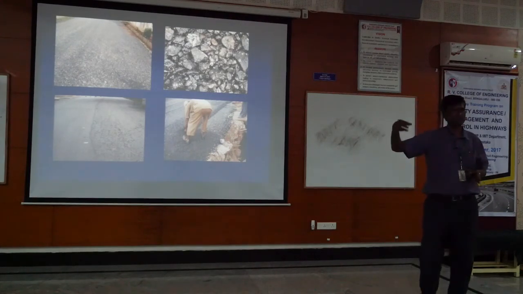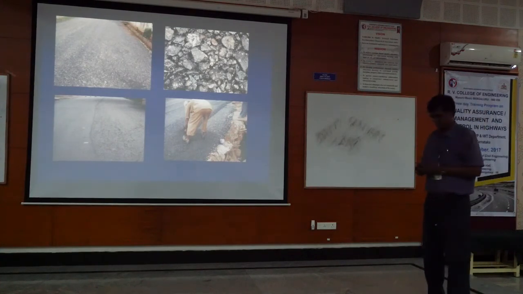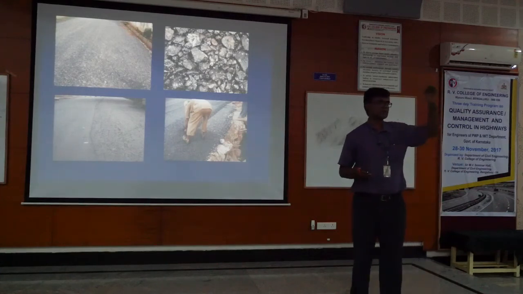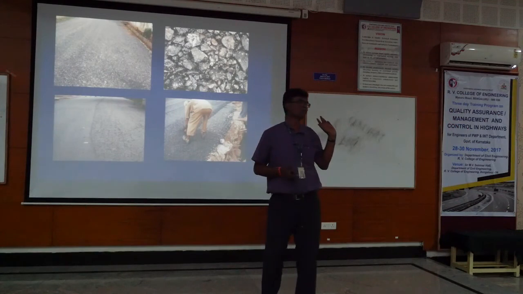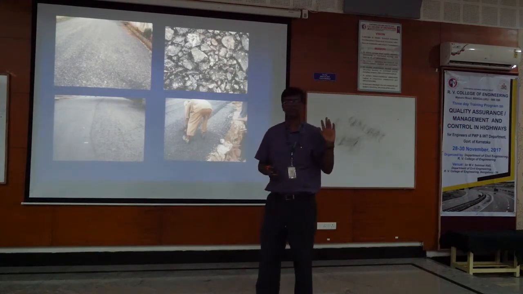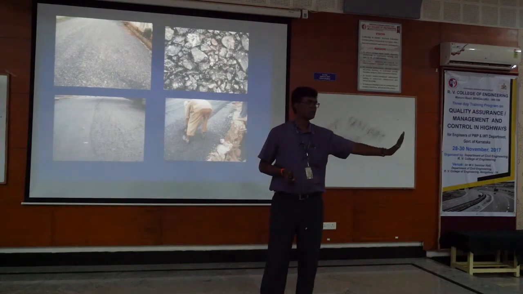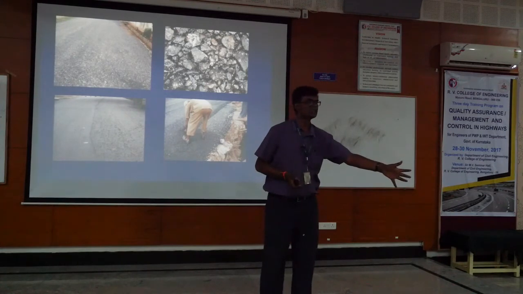And at the end of the day, of course, we will take cores and check the density, but later on we can't rectify it. That's civil engineering. The first thing is to construct a mock-up and fix the specs. If anything changes, if the people, the material, the machinery or the place is changed, do a new mock-up.